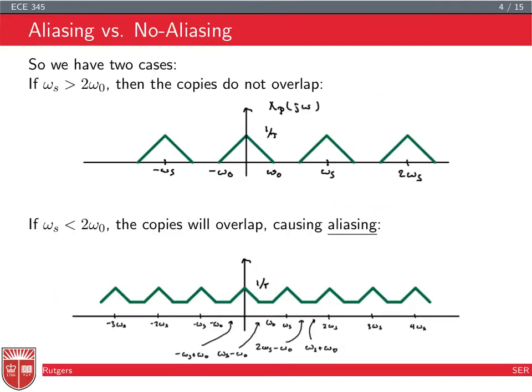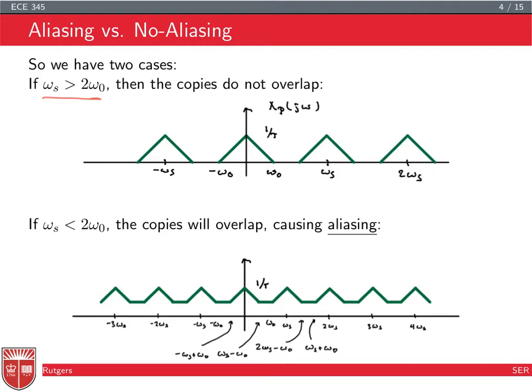And then we talked about two important cases. The first case is when there is no aliasing, when omega s is strictly greater than 2 omega 0. If you're sampling at a frequency greater than twice the largest frequency in the signal, then you don't have aliasing, meaning these copies do not overlap, and this is something very good.